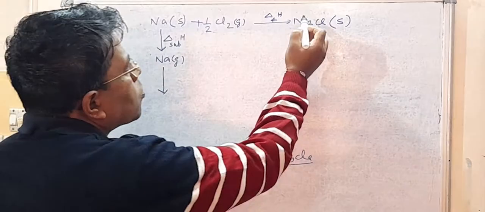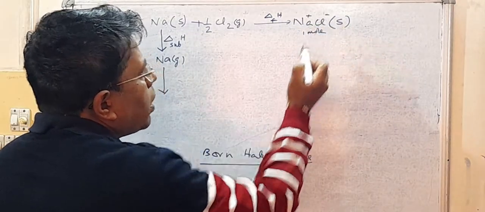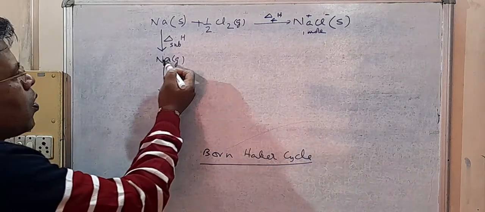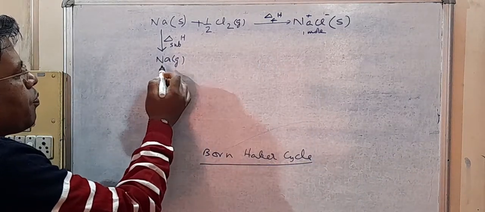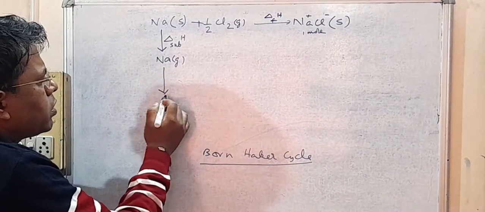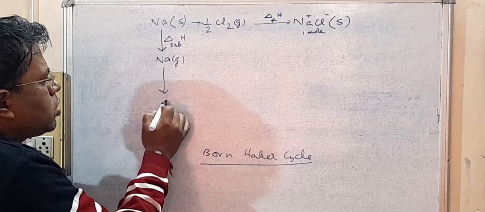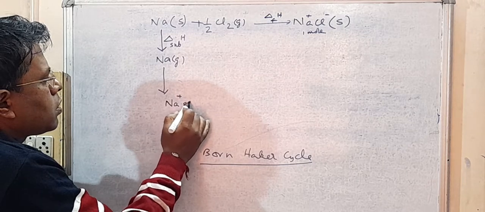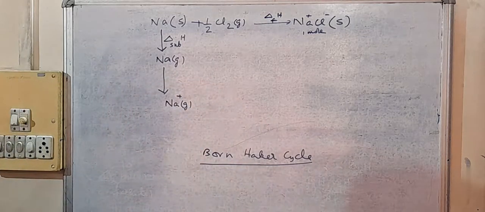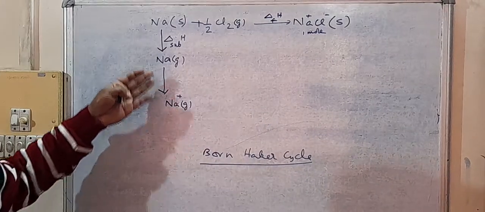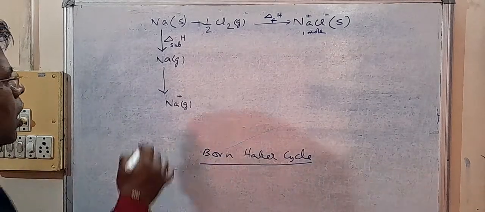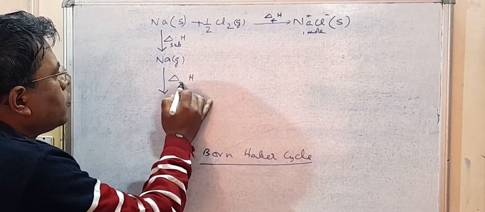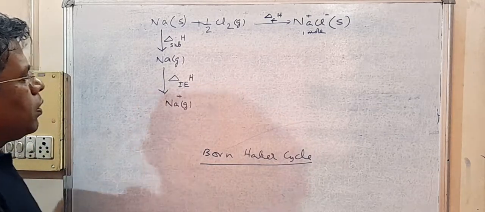Now since you know sodium chloride is actually Na plus Cl minus, we consider this process: Na gaseous to Na plus gaseous. Now what is this process? It is called ionization enthalpy.